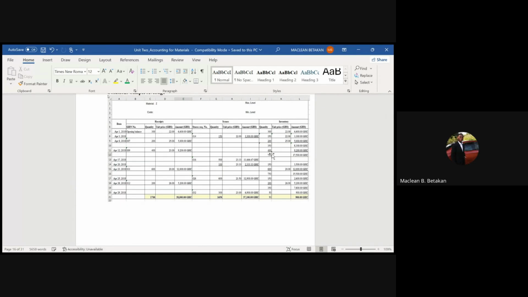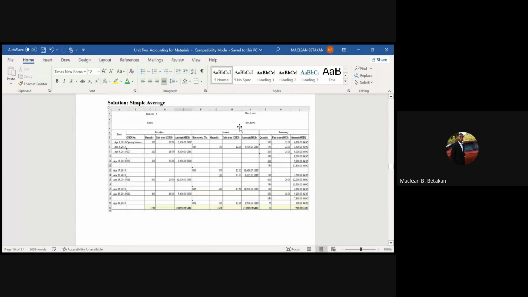So you value the 250 with the same amount that is left, which is how much? 23.33.